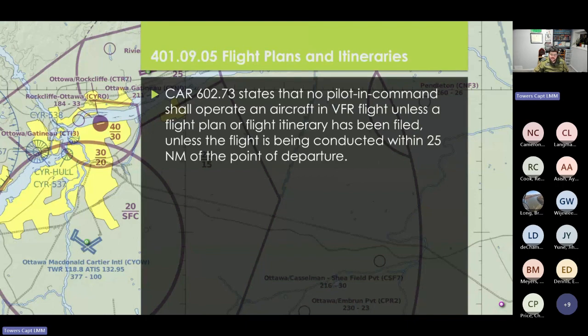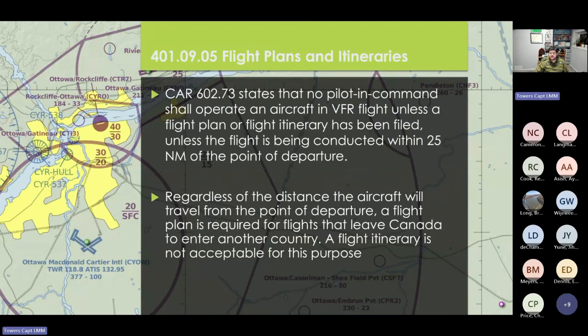Flight plans and flight itineraries. So CAR 602.73 states that no pilot in command shall operate an aircraft in VFR flight unless a flight plan or flight itinerary has been filed, unless the flight is being conducted within 25 nautical miles of the point of departure.